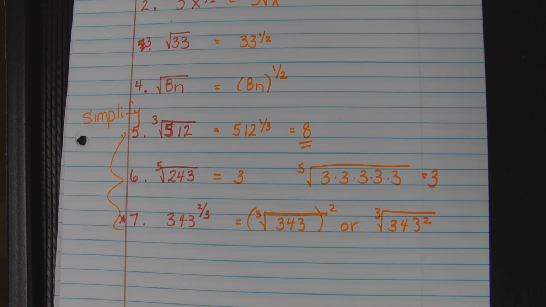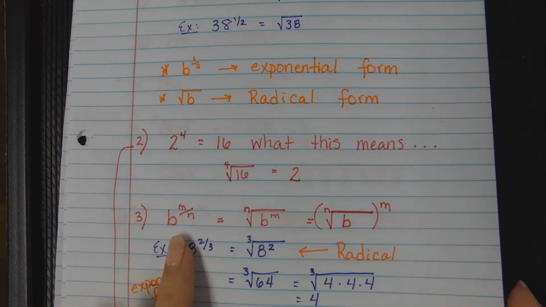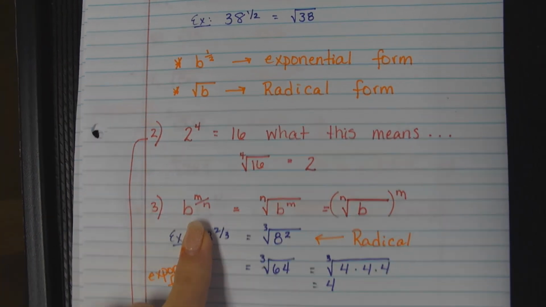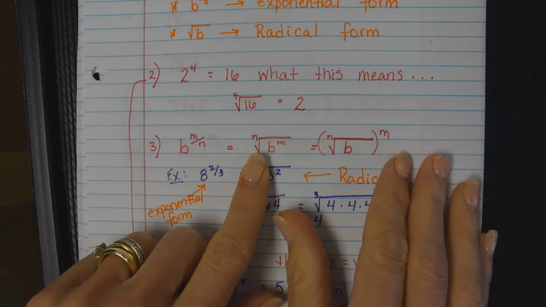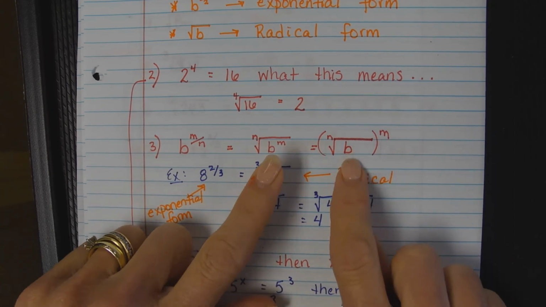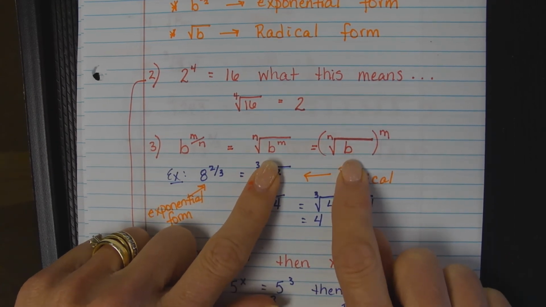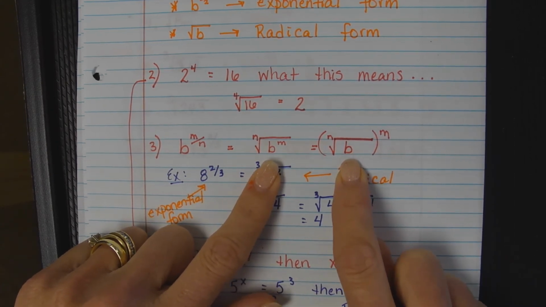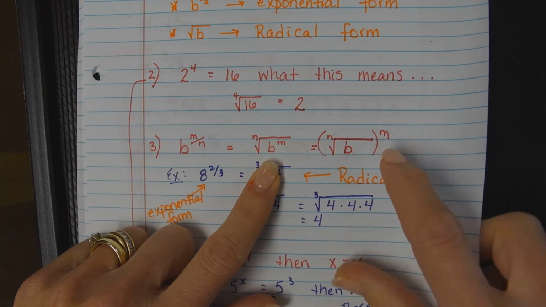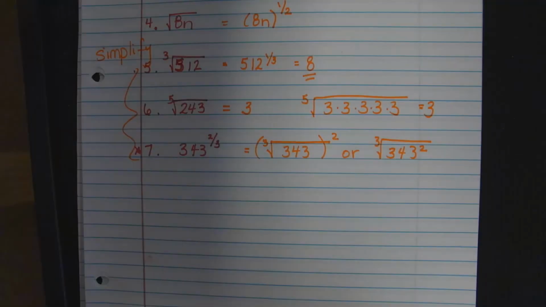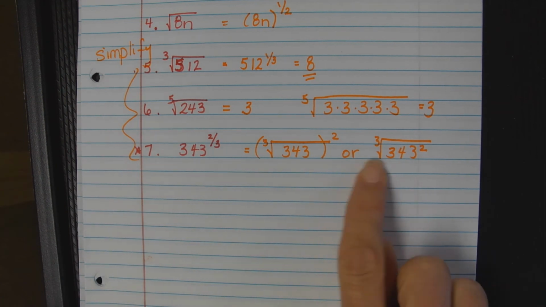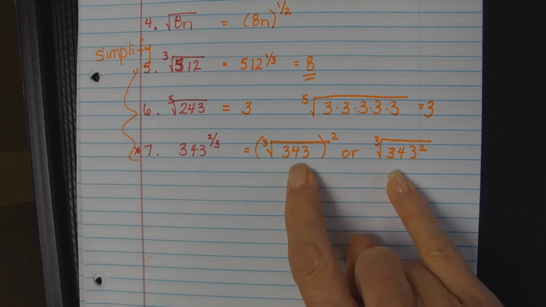Okay, here are the notes that I gave you. Does everybody see number 3 really has some weight to it? I have written both forms. One is way more friendly than the other. Look at the number inside the square root.